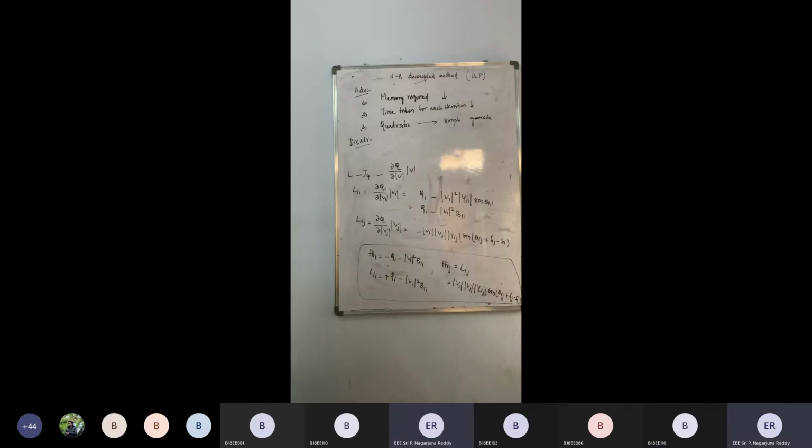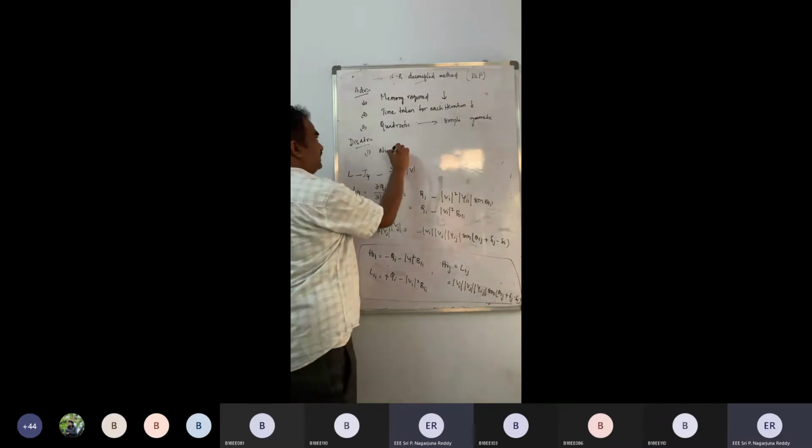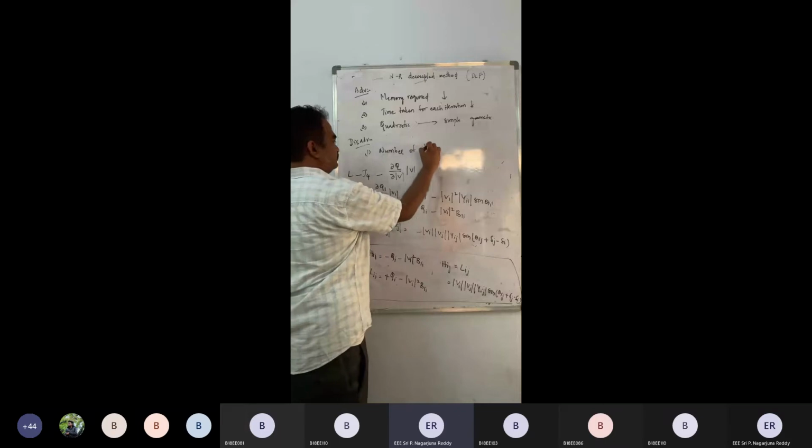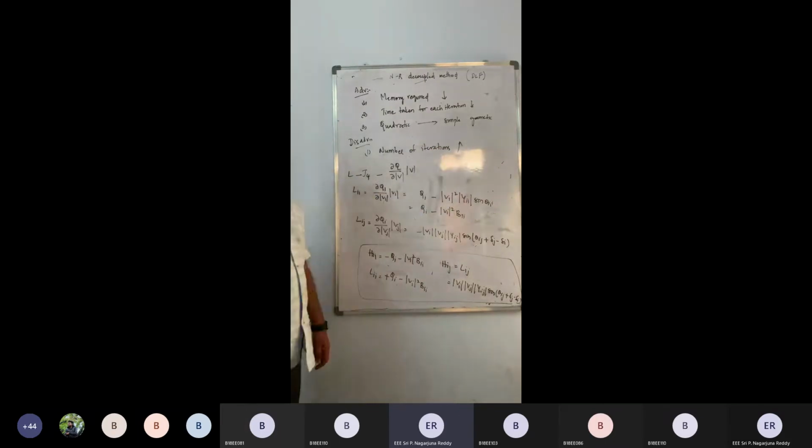But here, since we have gone for a few approximations, the number of iterations required for convergence may increase. This is the only disadvantage of this Newton-Raphson decoupled method.